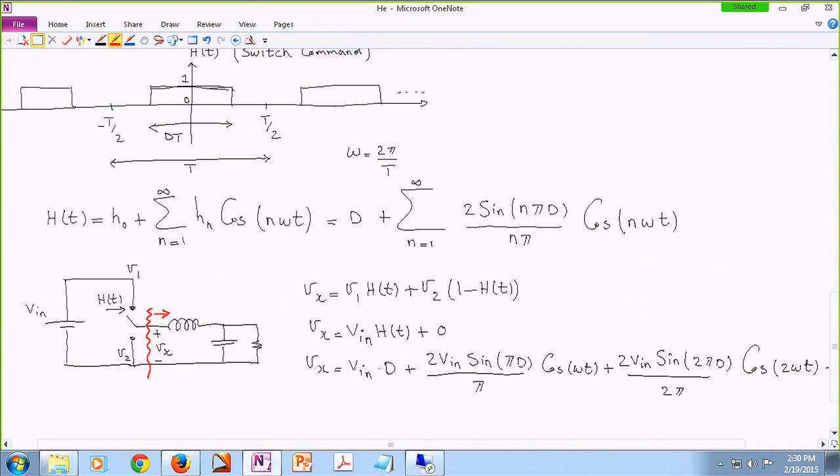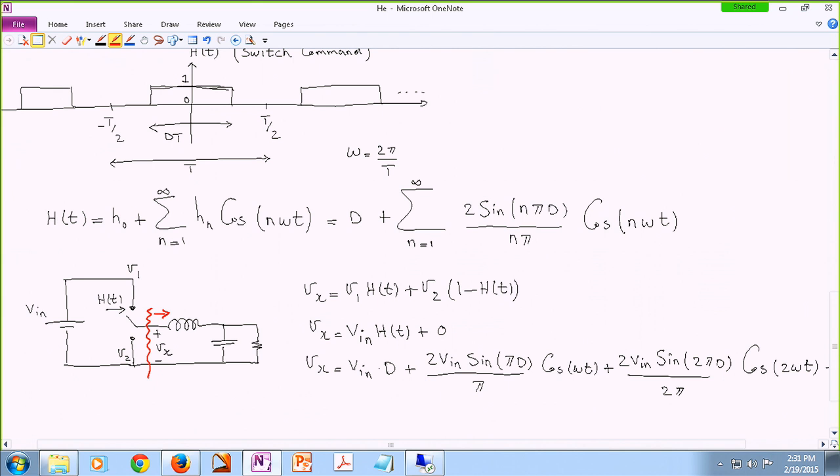If you have a linear system, you can always remember to take advantage of superposition. Vx is the voltage appearing as an input to the right-hand side of the converter, and Vx is described in terms of a bunch of terms.